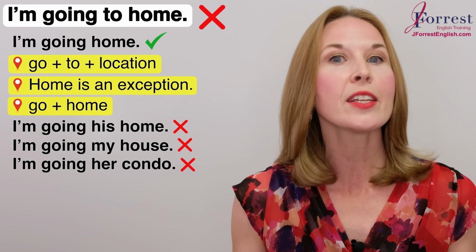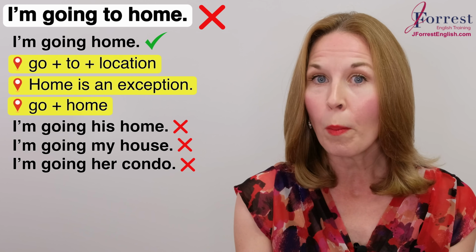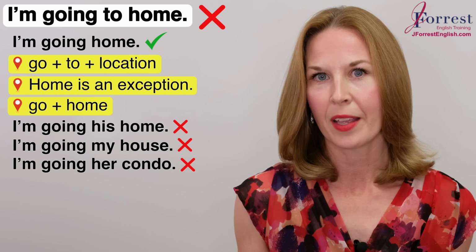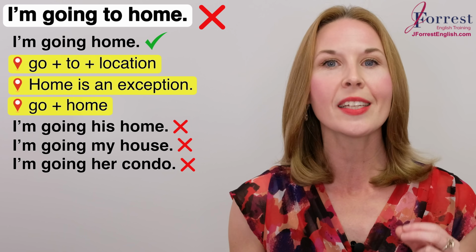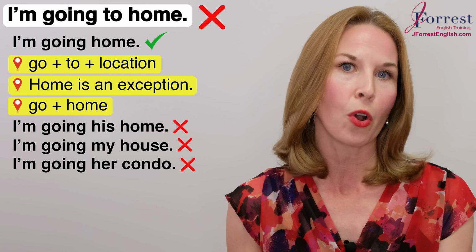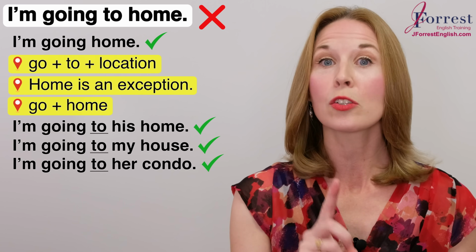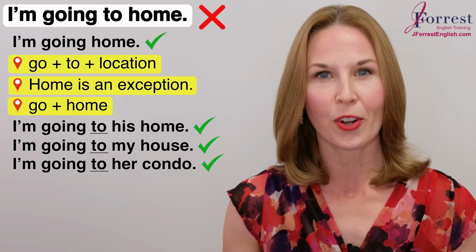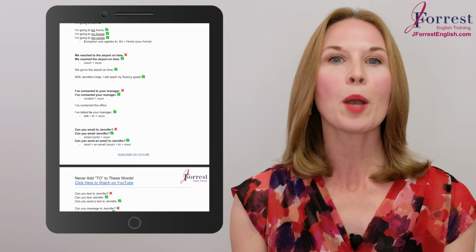And the exception is only for the word home, not house, condo, or any other term. To make these correct, you need to add to after go and say, I'm going to his home, to my house, to her condo.